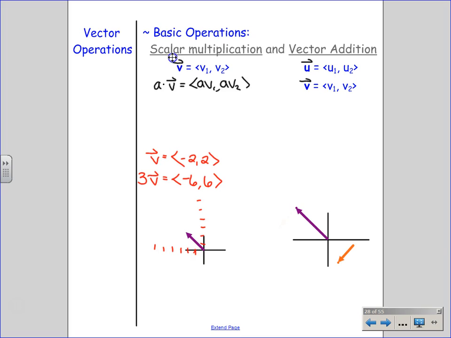So whereas this one down here would have been little vector v, tripling it is as easy as tripling the horizontal and tripling the vertical. Nice. So we could do 3v1 and 3v2, which is what we did.